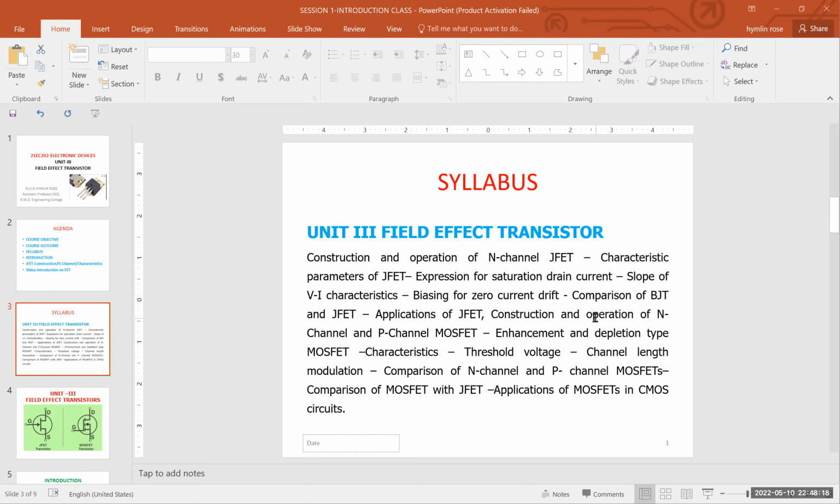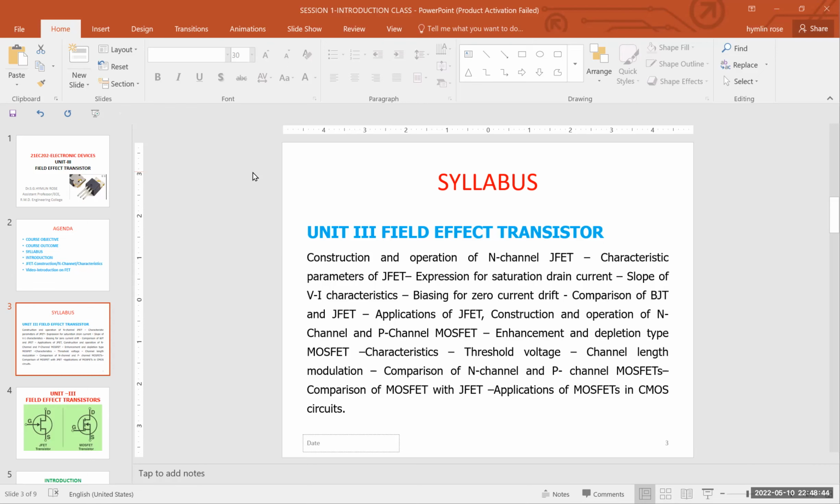Okay. So why do we have to go for this field effect transistor? BJT we have studied in unit 2. This BJT has two drawbacks. One is that it has high noise. And the second one is very low input impedance. Why is it low input impedance?